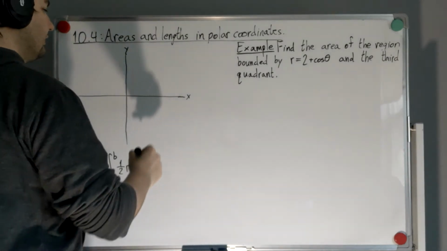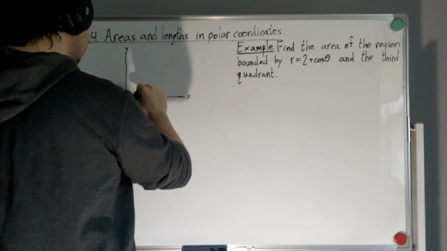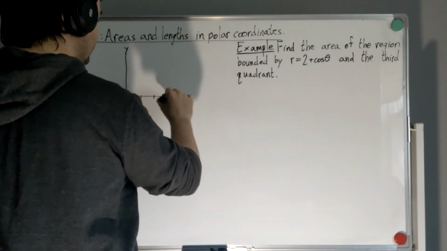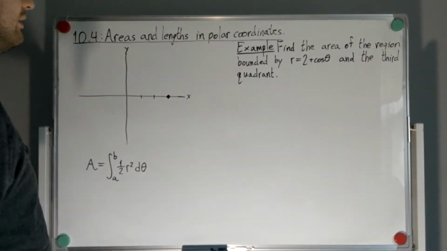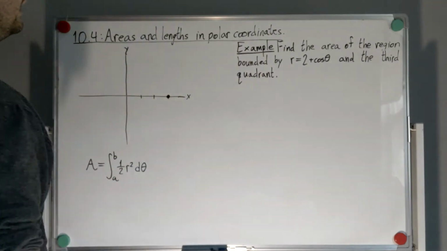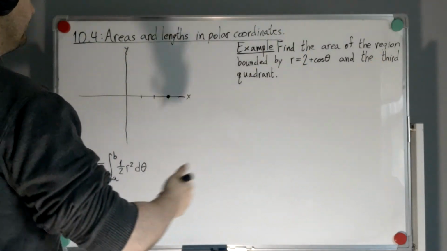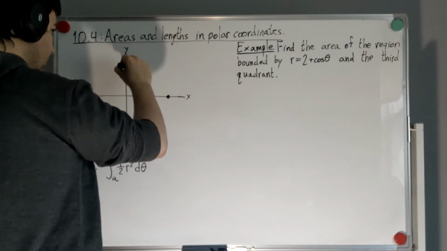Like when theta is 0, which is along the positive x-axis, we're talking about a distance from the origin of 3. Then when theta is pi over 2, cosine is 0, in which case we're talking about a distance from the origin of 2.